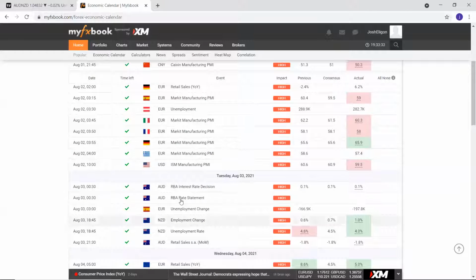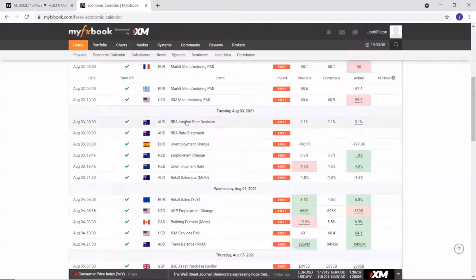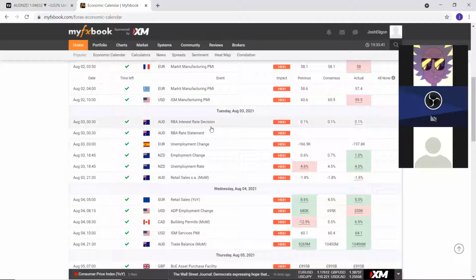At this point, again, we had some AUD news, the 3rd of August, which was really the day afterwards, right? Right here was expecting those bearish movements from the RBA rate statement and interest rate decisions, right? Basically, what these two mean in summary is a policy that the Bank of Australia were going to do.